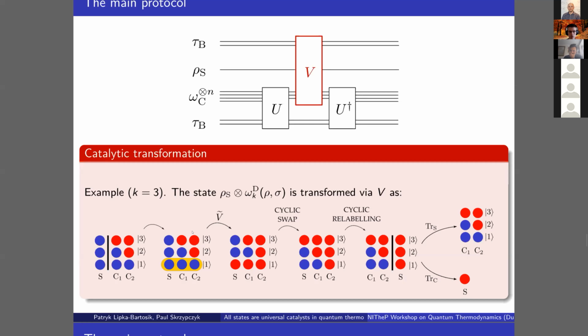If you are able to apply an identity map for them and only apply your transformation selectively to just one of those classical registers, then what you do further is just simple relabeling, so you don't apply any dynamics there. So the transformation should be essentially catalytic, at least in principle.